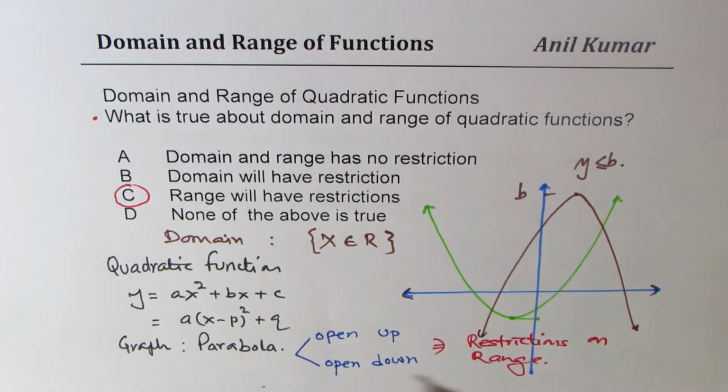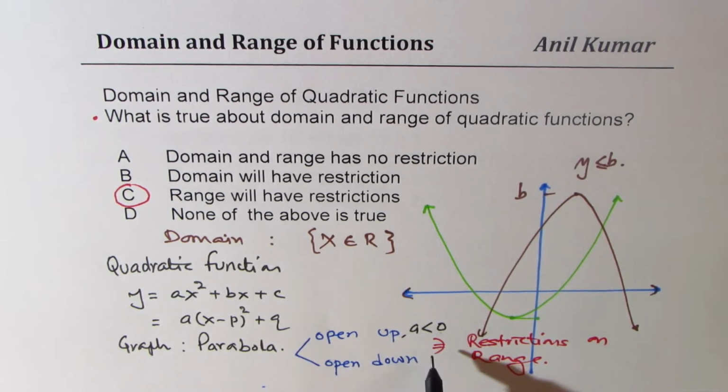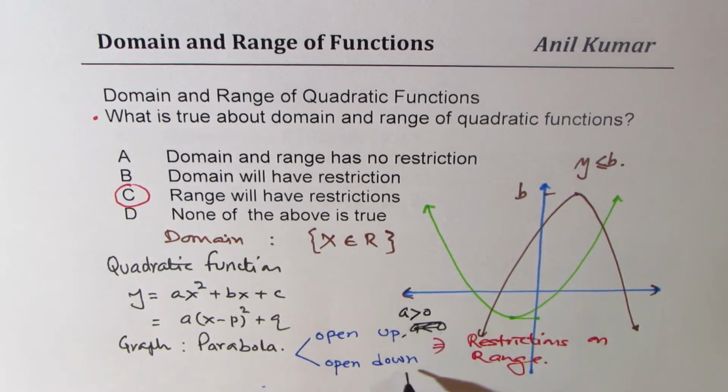And you also know that the parabola opens up when a is greater than 0, and opens down when a is less than 0. If a is negative, it opens down.